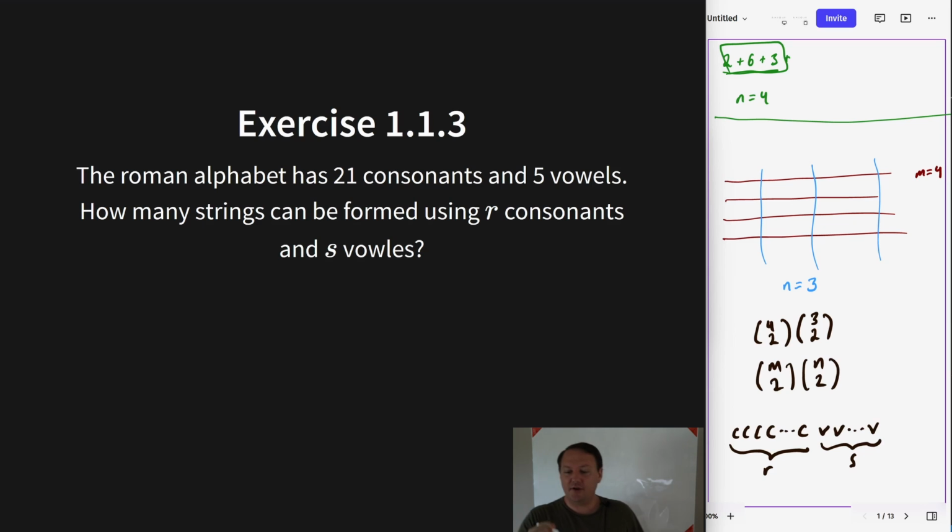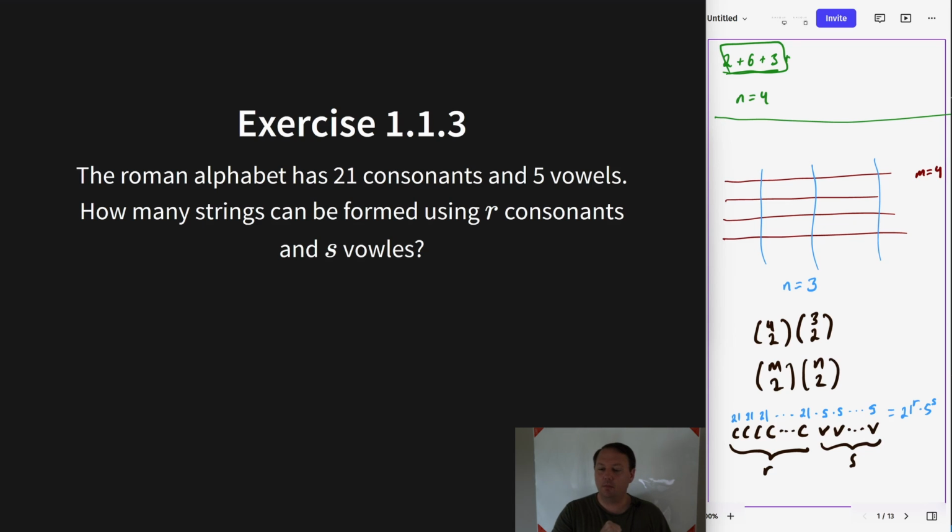So even if the consonants and the vowels occurred in the order that I have described them here, we would effectively get 21 choices for each one of the consonants, 5 choices for each of the vowels. We're using the product principle here, so that you would effectively get 21 to the R, 5 to the S as the number of words.